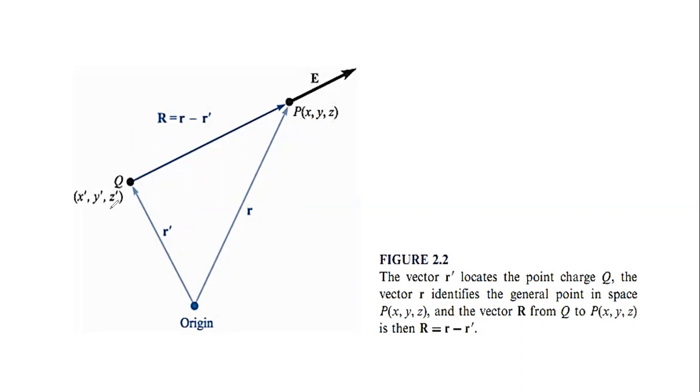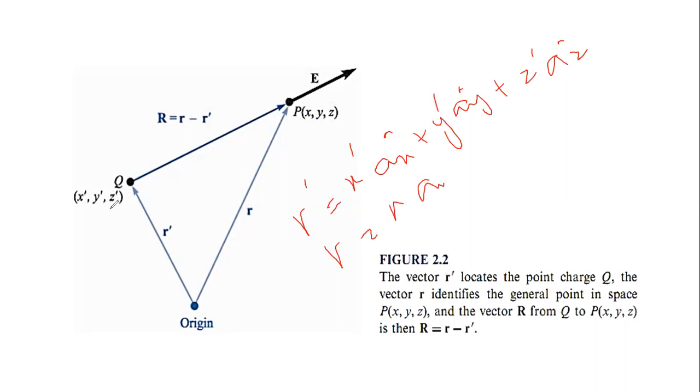Now how do we represent this vector r dash? x dash ax plus y dash ay plus z dash az. And how do we represent r? x ax plus y ay plus z az. x dash, y dash and z dash are the magnitudes along the x axis, y axis and z axis, and similar is the case with the vector r.